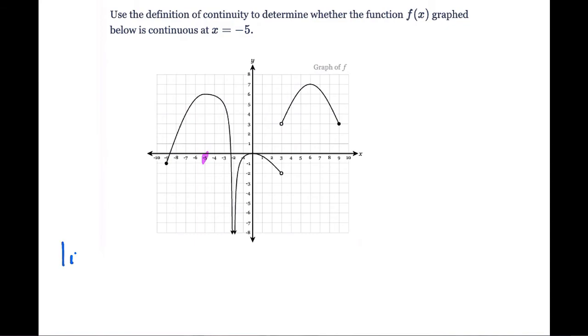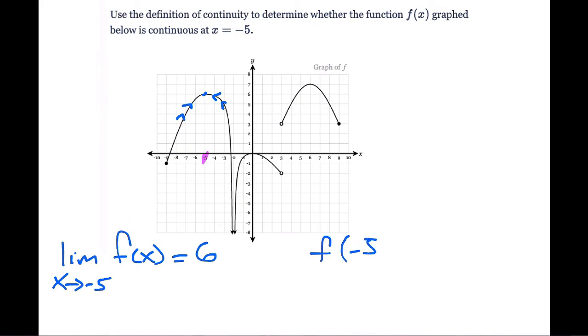The limit as x goes towards -5 of f of x is equal to 6. That limit right there at the top is equal to 6. We know f of -5 is also equal to 6 because it's right there.